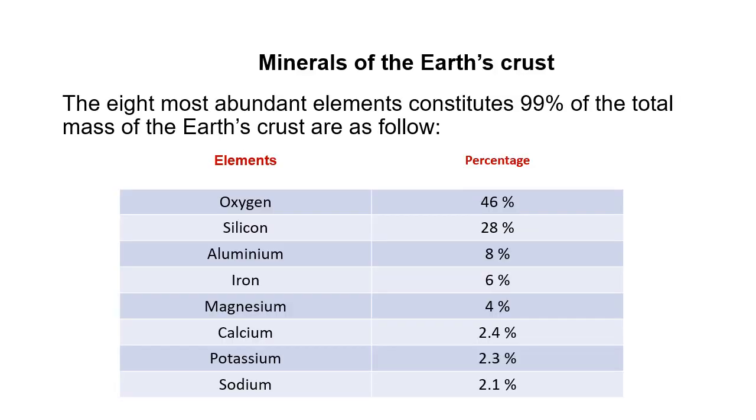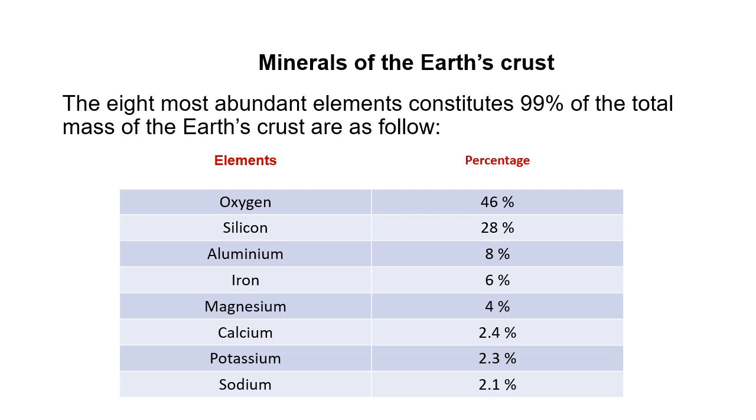In the last slide, I am showing you the minerals of the earth's crust. The 8 most abundant elements constitute 99% of the total mass of the earth's crust. I have given you the table of these 8 elements and their percentages.